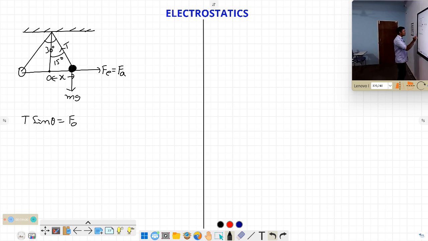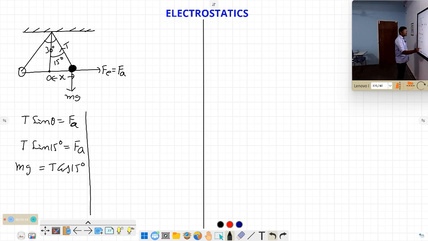So here I can write T sine 15 degrees is equal to Fe, the force between the two charges in air. Now what is mg? mg is balanced by T cos theta, that is T cos 15 degrees.